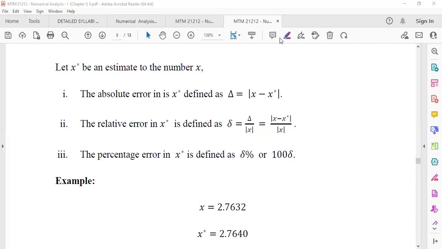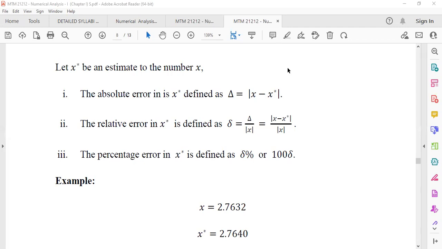Where are the answers? Only one or two answers so far. Try your answers for everything: try the absolute error, try the relative error, try the percentage error, and answer me with commas. Put commas and write it in one line. Don't write three messages. Just type in one line and send me.